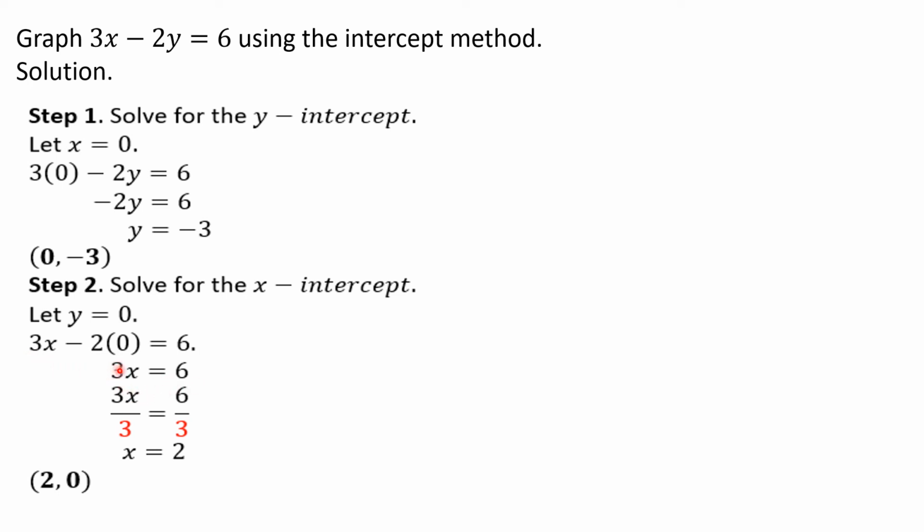So, to remove 3, we divide both sides of the equation by 3. So 3x divided by 3, the answer is x. 6 divided by 3, the answer is 2. Therefore, our x-intercept is 2, 0. So, the value of A is 2, and the y coordinate is 0. So, our x-intercept is 2, 0.